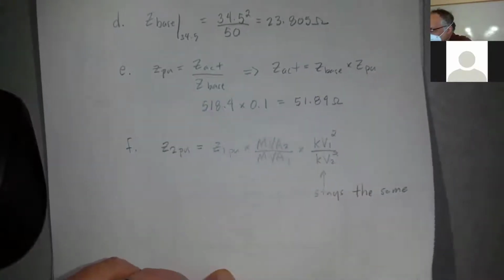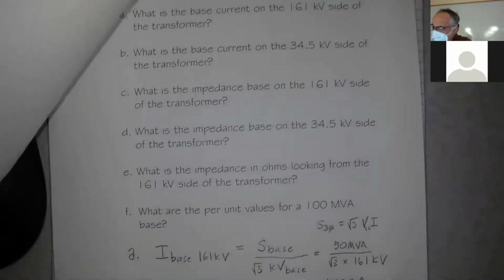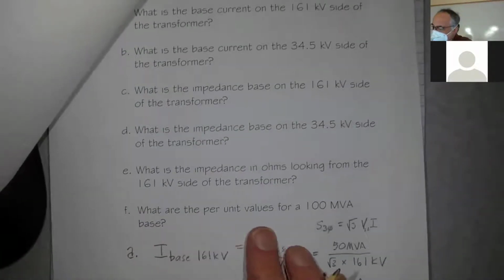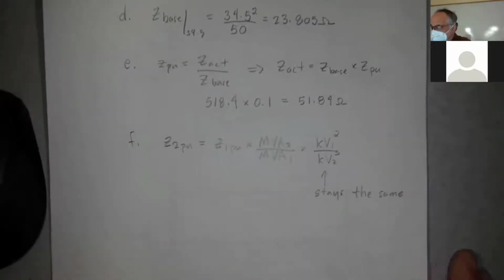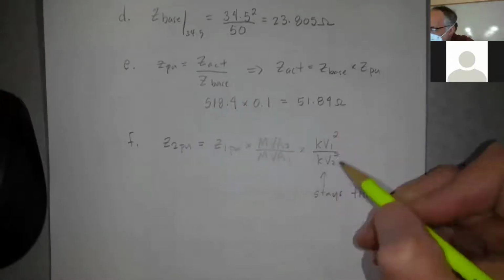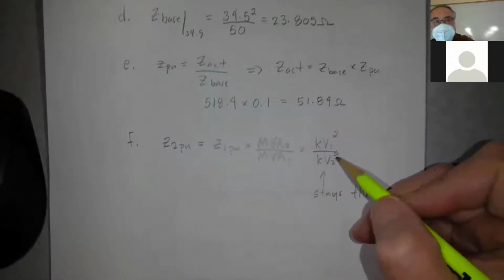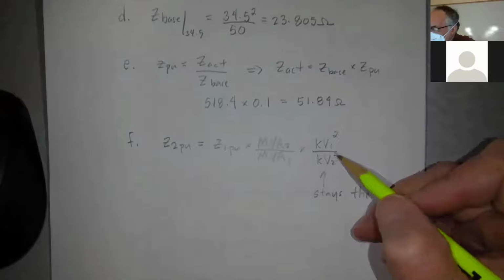Because it says, what are the per unit values for 100 MVA base? So we're not changing the voltages at all, right?